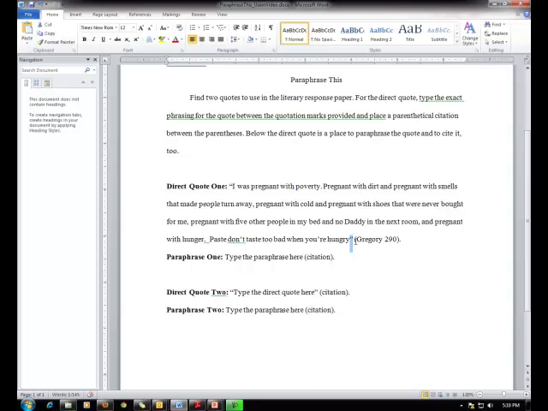The last point on the previous slide mentioned an in-text citation, and that's what this is. Gregory, 290, all of that works together to point to a works cited entry for Dick Gregory's Shame.